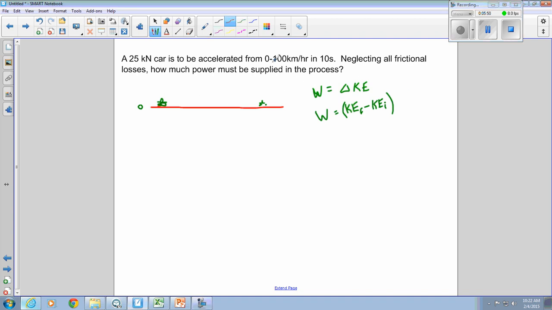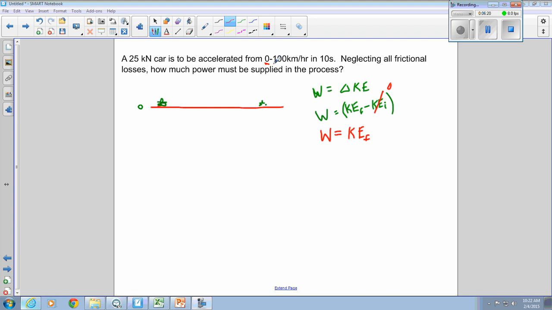The initial velocity is 0, so our initial kinetic energy is also 0. So work is essentially going to be equal to whatever our final kinetic energy is for this problem. If it was starting from a velocity, things would be different. But since we're starting at 0, work is equal to final kinetic energy.